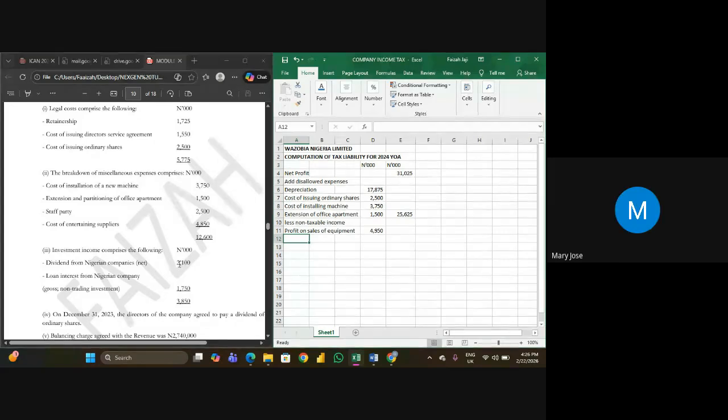It has been subjected to withholding tax, so what do we call this dividend from a Nigerian company? It's called franked investment income. So it is an FII, and FII is not taxed twice. All right. So we have dividend.